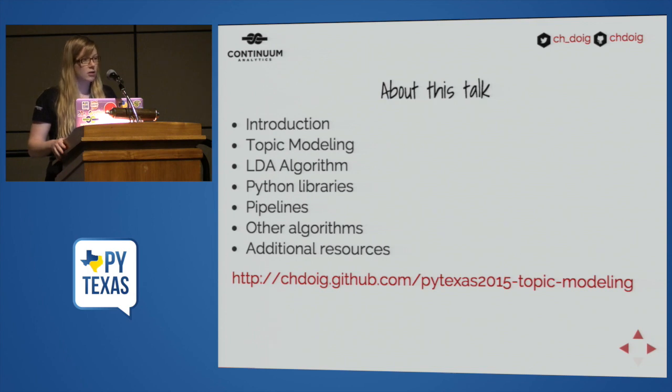Half of the talk is going to be on trying to understand the algorithms, and then the other half is what libraries we have available in Python to do topic modeling. And then I'm also going to talk about what other alternatives or other algorithms exist out there that you can also use, and then some additional resources. You can follow along with these slides at this URL if you want to.